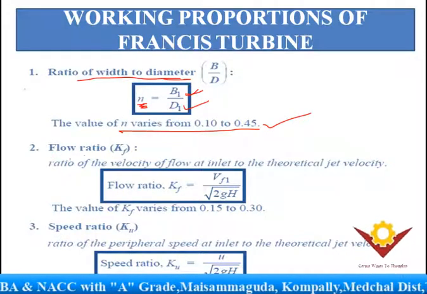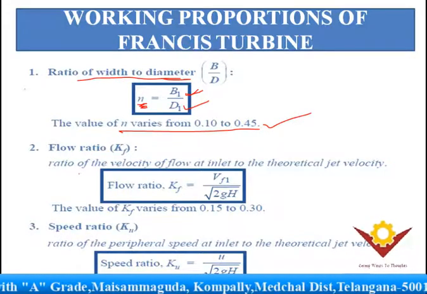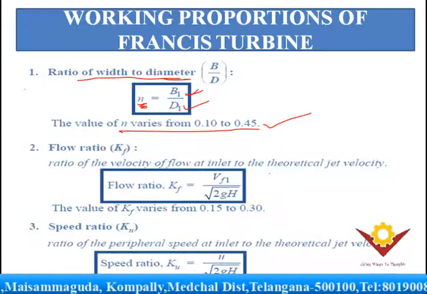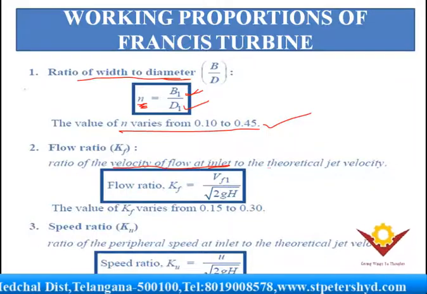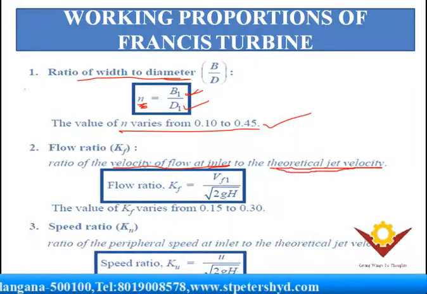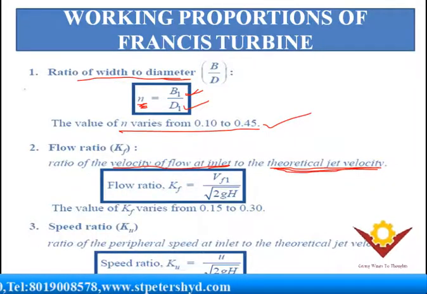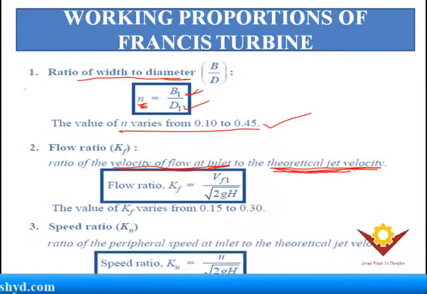The next one is the flow ratio, which is the ratio of the velocity of flow at inlet to the theoretical jet velocity. You can see here the velocity of flow at inlet and the theoretical jet velocity.